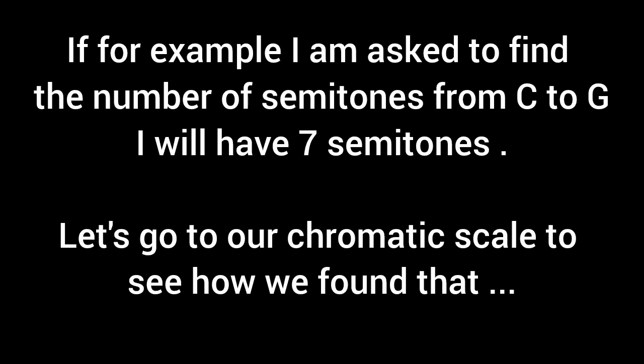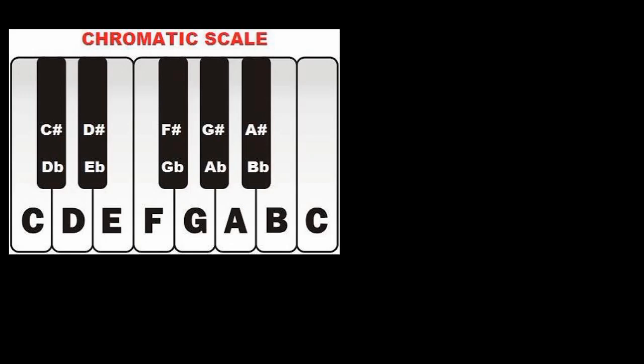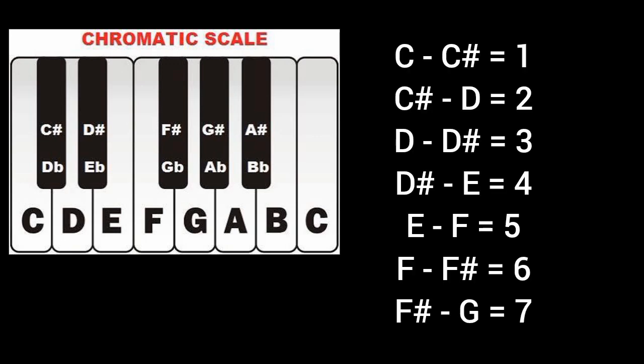So if, for example, I'm asked to find the number of semitones from C to G, this will have 7 semitones. Now, how do we get that? If we use our chromatic scale here, we see how we move from C to C sharp is 1 semitone. From C sharp to D is another semitone, making 2.